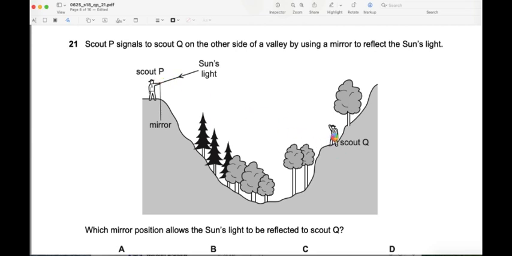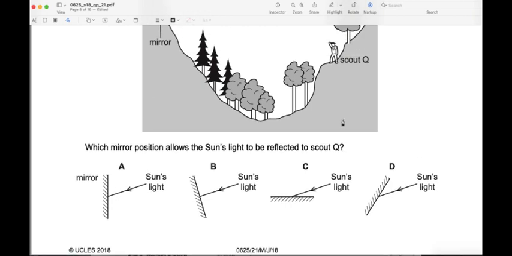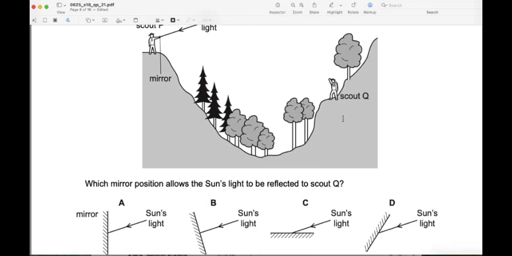So it's going to send it here to Scout Q. This is going to reflect this light to this place, because the light is obviously not coming here. So he wants to send this light here. But he needs a mirror to do that. So which mirror position allows the sun's light to be reflected to Scout Q? How will you position the mirror?